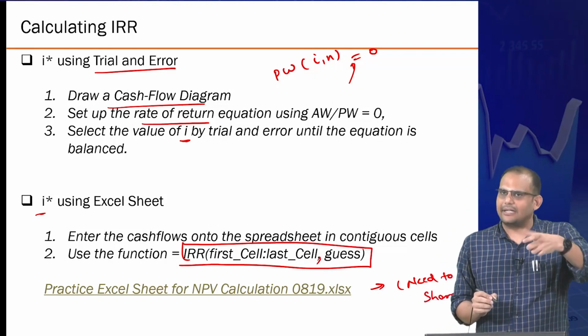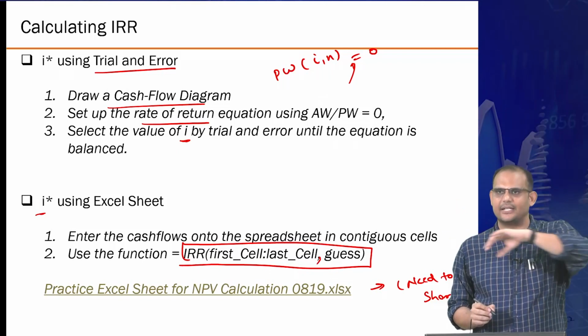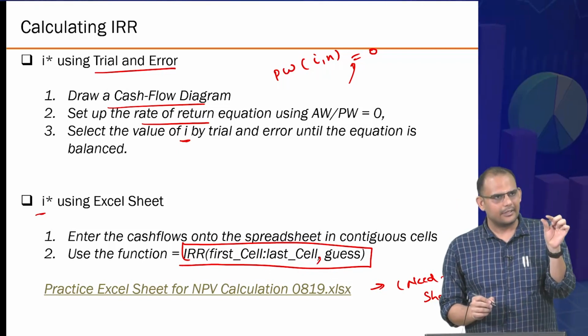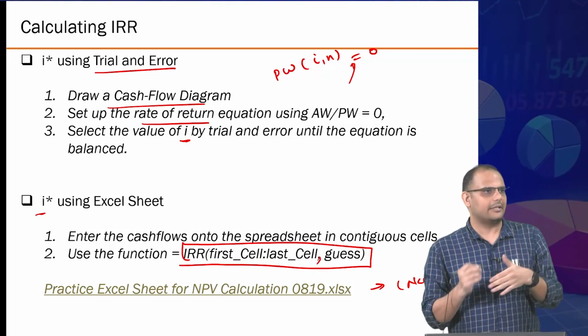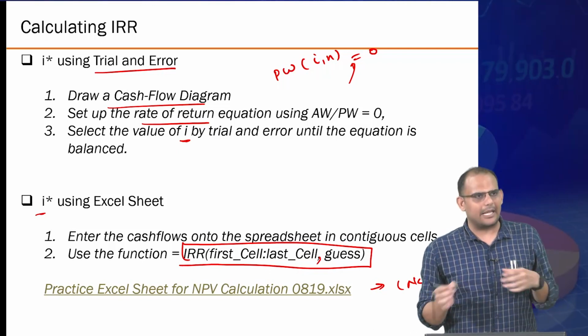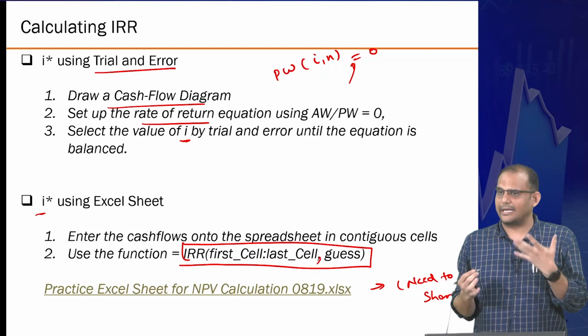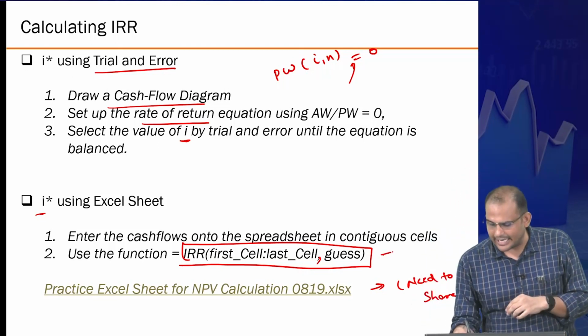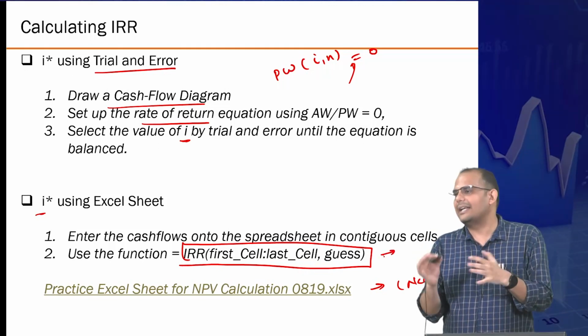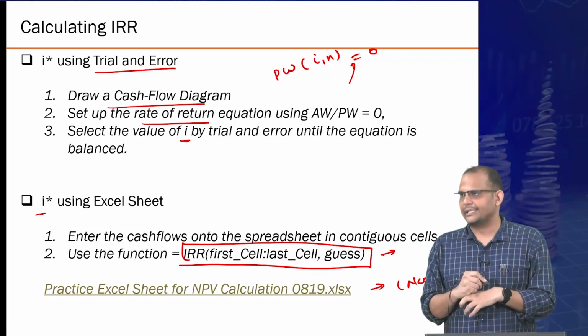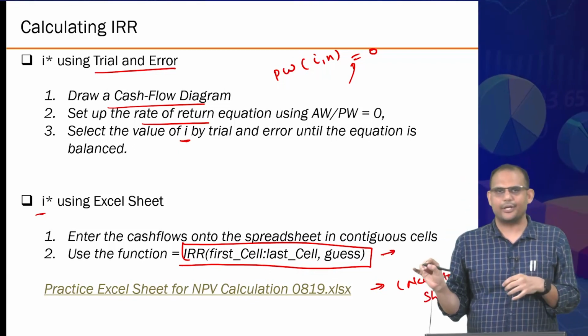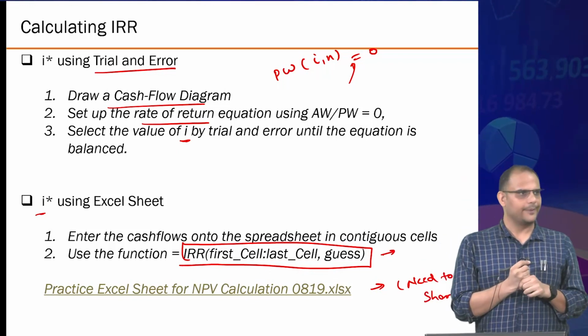The initial start, whether 5%, 10%, 50%, whatever value you put, you can give Excel a start so that it converges faster. Sometimes because of your start, Excel goes crazy. This formula does not guarantee that IRR will always be calculated because it's a tricky function. We will look into it a little bit today also, right?